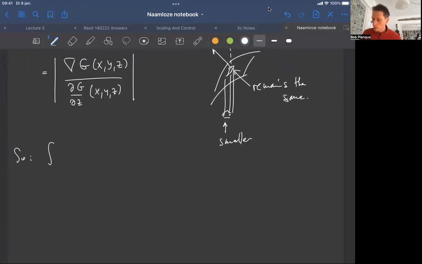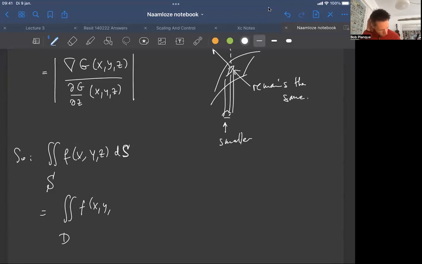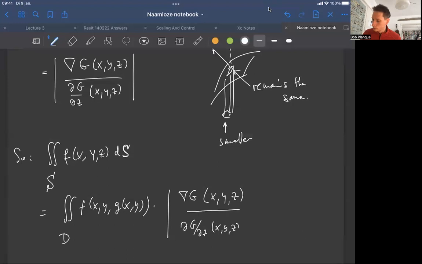So in that case, our surface integral becomes the integral over the domain on which I have projected my surface, of the gradient of g at x, y, z over dg/dz, dx dy.